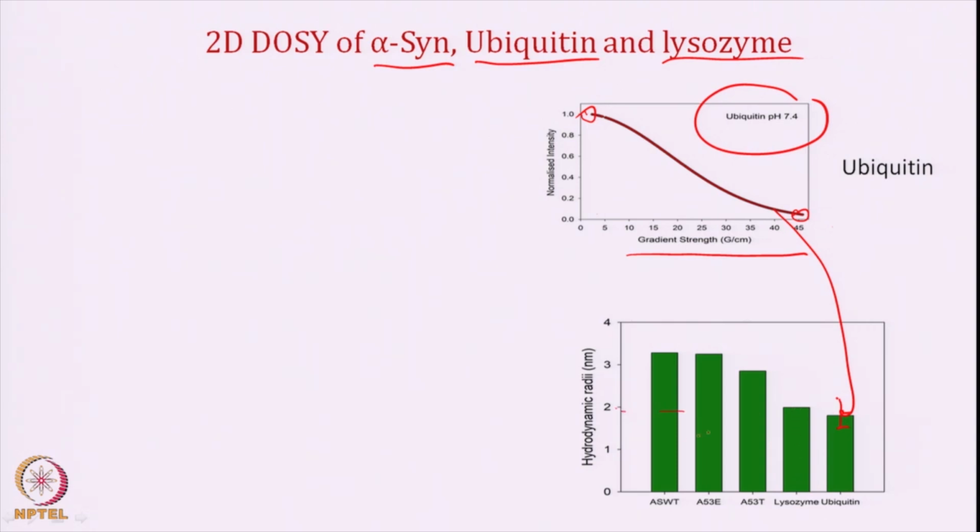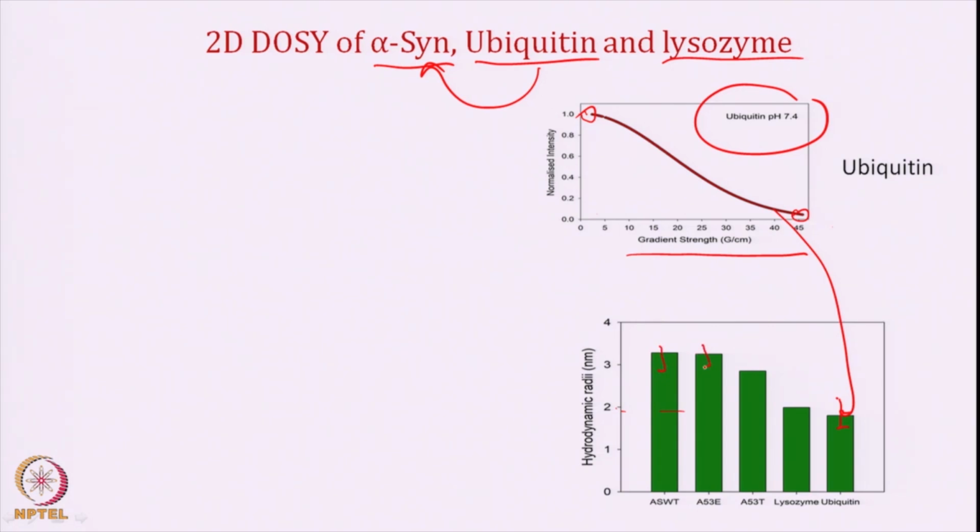Lysozyme is a little bigger, but if you look at alpha synuclein, as I discussed, it is an intrinsically disordered protein, certainly twice the size of ubiquitin. This is 76, this is 140. But since it is disordered, its hydrodynamic radius is quite a bit larger, like 3.5 or so nanometer.